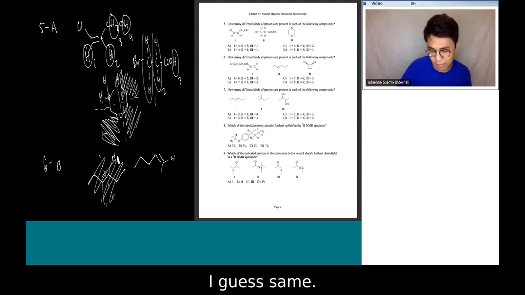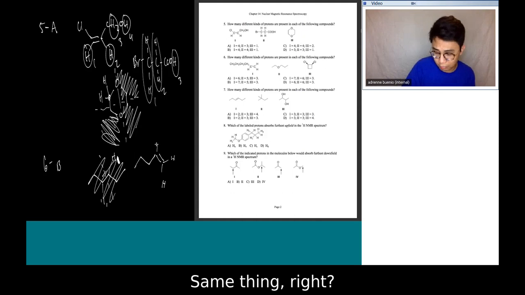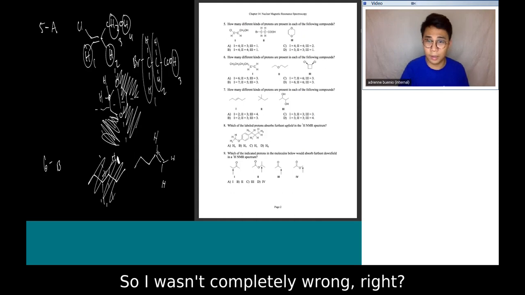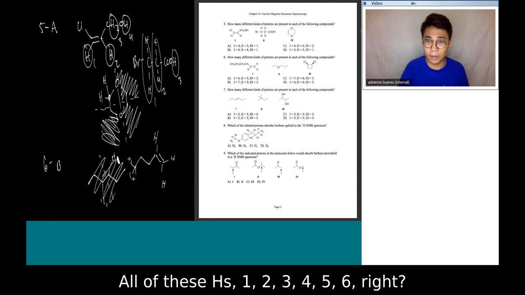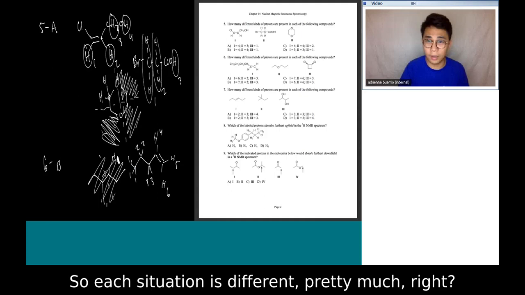Same thing, double bond again. So I wasn't completely wrong. Again, double bond, all of these H's: one, two, three, four, five, six. Double bonds can't rotate, so each substituent is pretty much different.